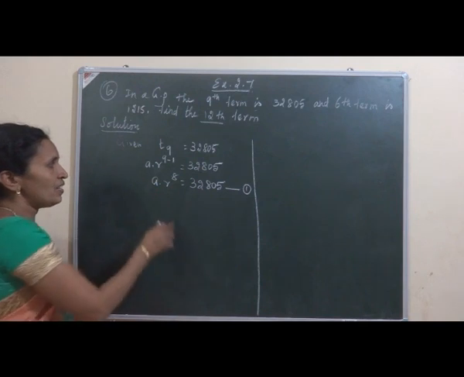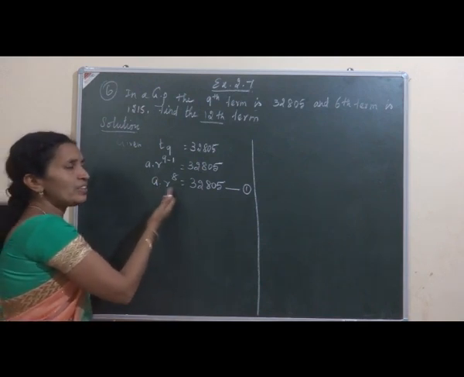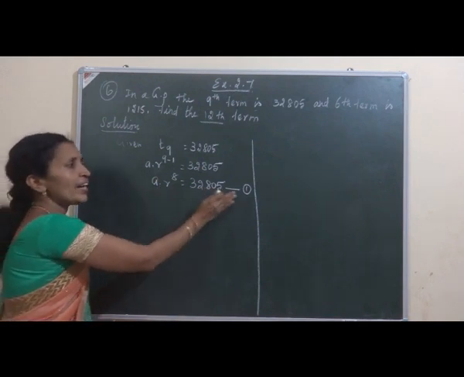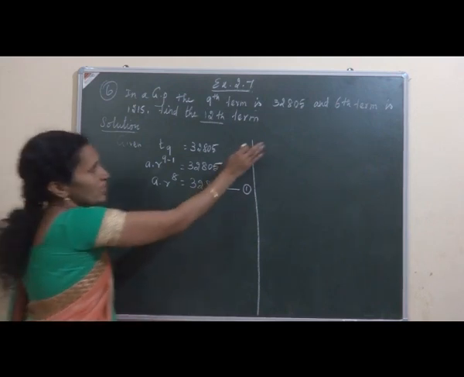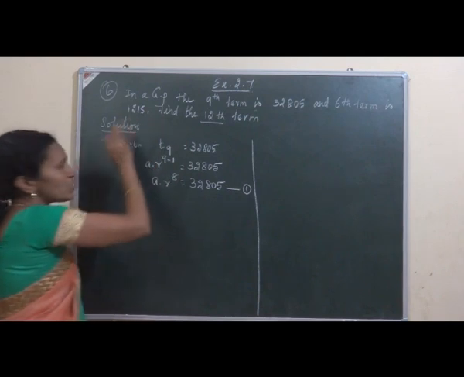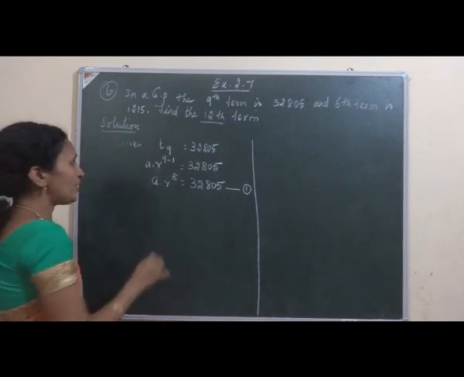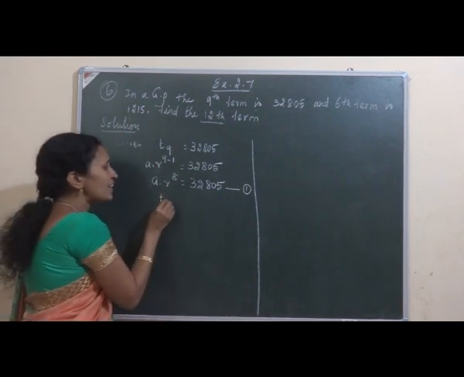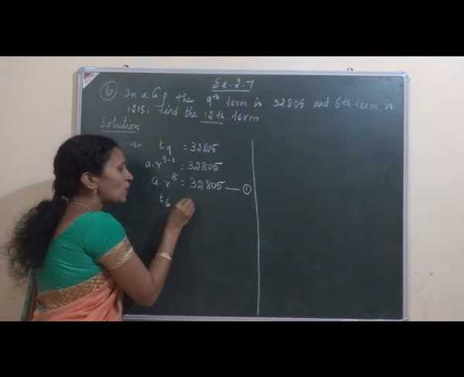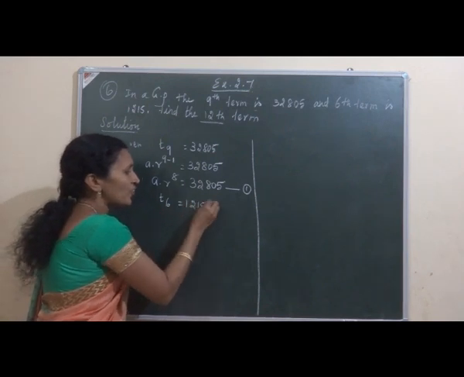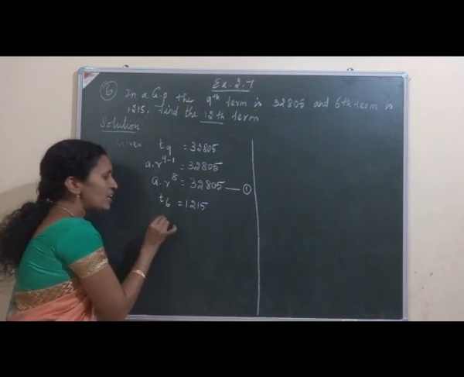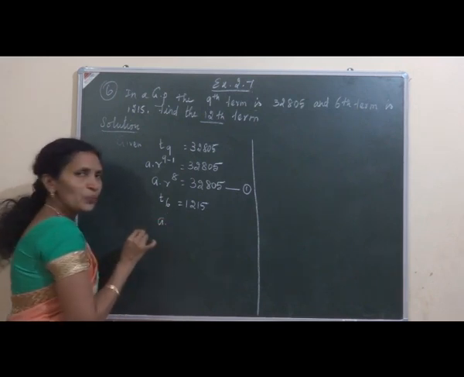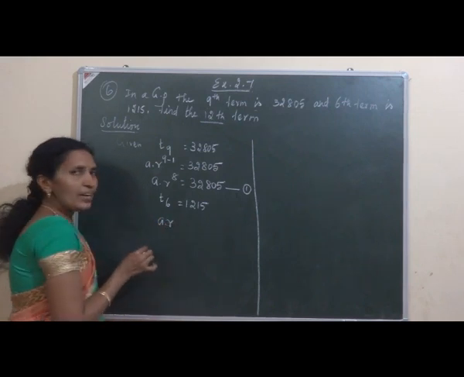Students, hereafter we can't simplify, so you take equation 1. Then next, what is given? The 6th term is 1215. That you write: T6 equals 1215.